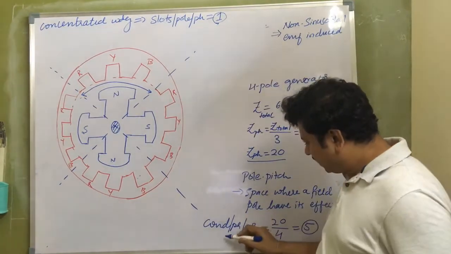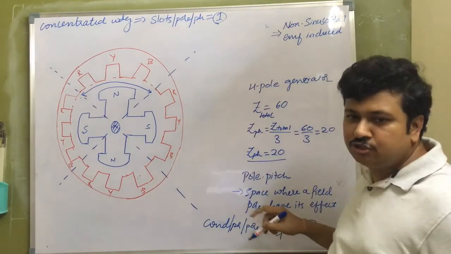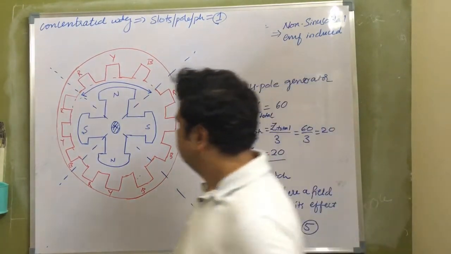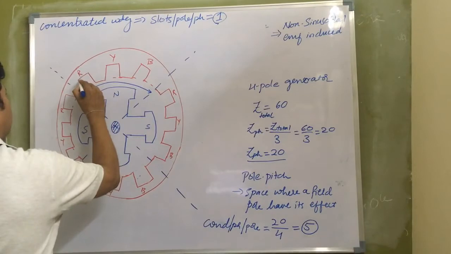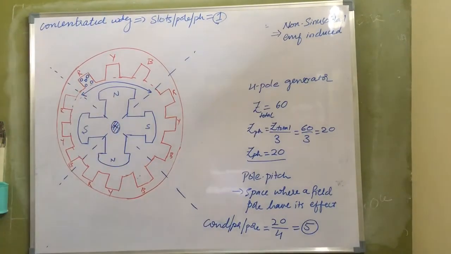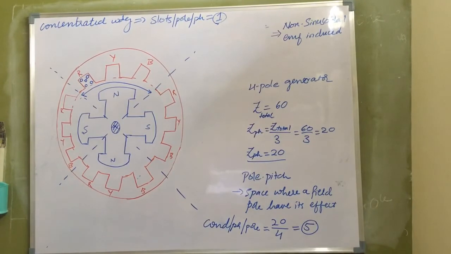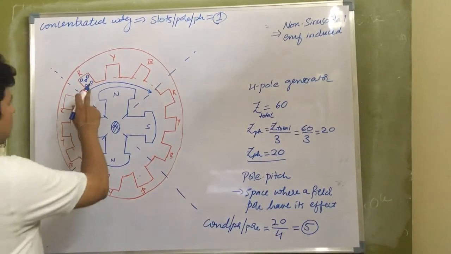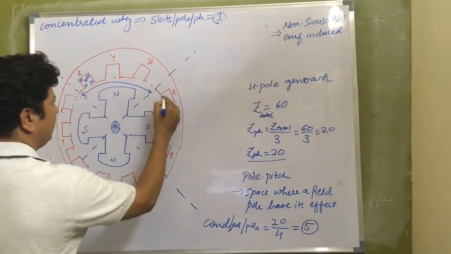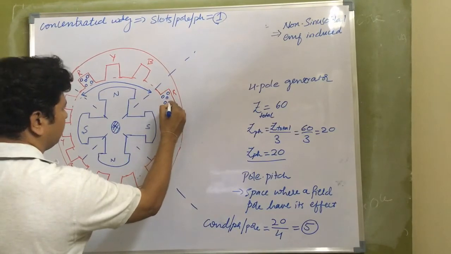Therefore, all the conductors per pole per phase should be placed in only one slot. So R phase slot will carry 5 conductors. Out of 20, I have placed 5 in this north pole. Remaining 5 I will be placing in next south pole.